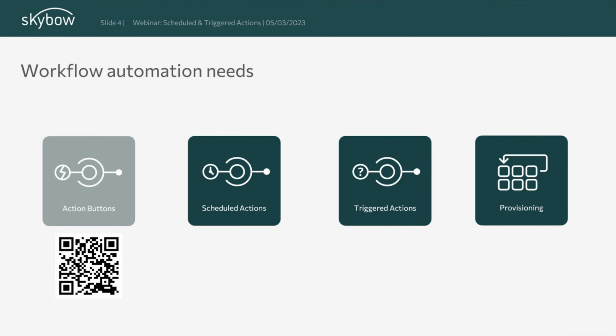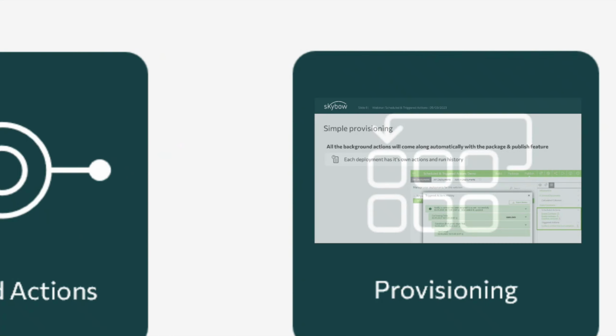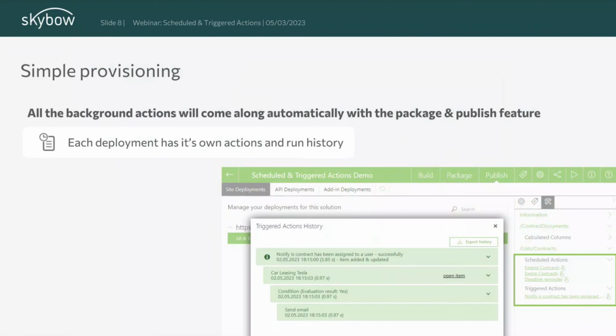Last but not least, we have the provisioning, and that's one very important point for us, that we are always able to easily provision these things. And all our background actions will automatically come along when you create a package. So we have this package and publish directly integrated into Solution Studio.